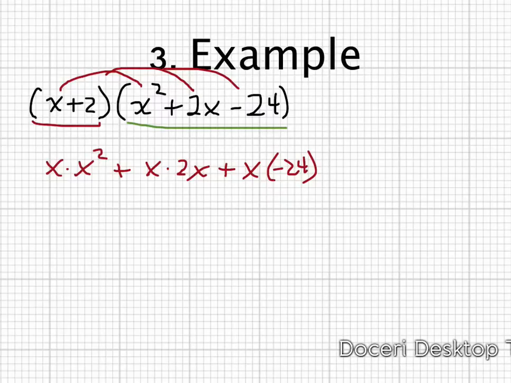Then I do the same thing I just did with 2. So I do 2 times x squared, so this is plus 2 times x squared. And then plus 2 times 2x. And then 2 times negative 24.